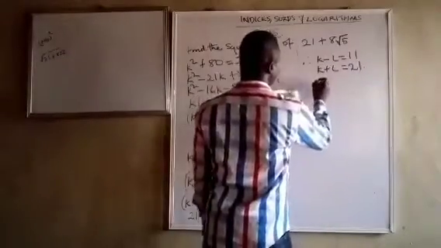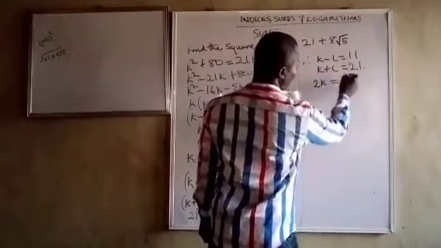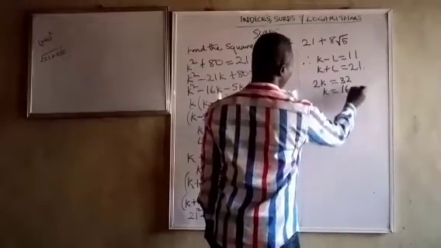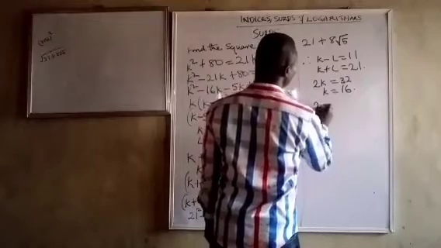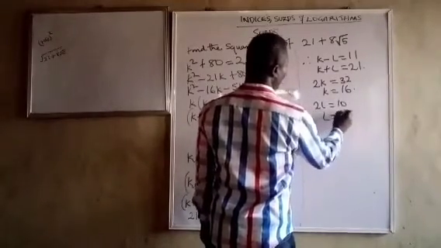So if we add this together, 2K is equal to 32. K is equal to 16. Or 2L is equal to 10. L is equal to 5.